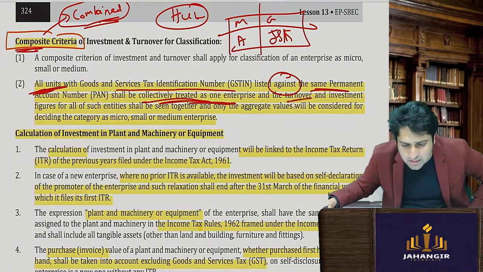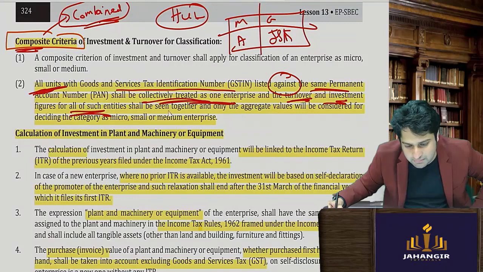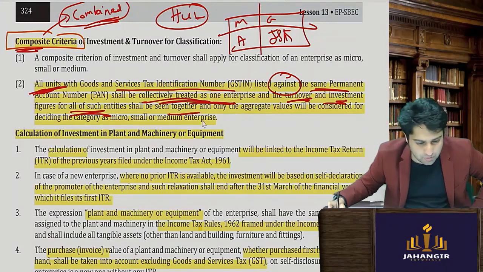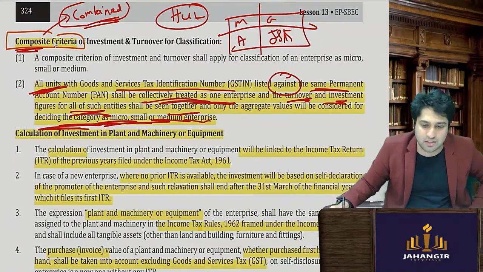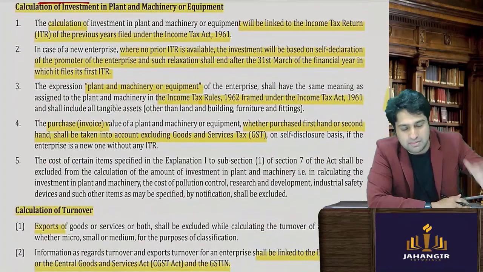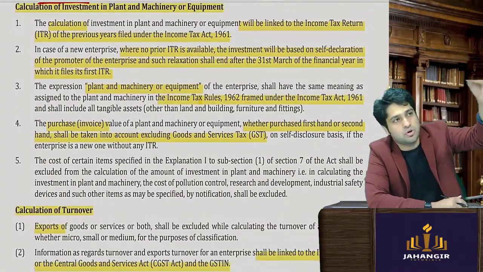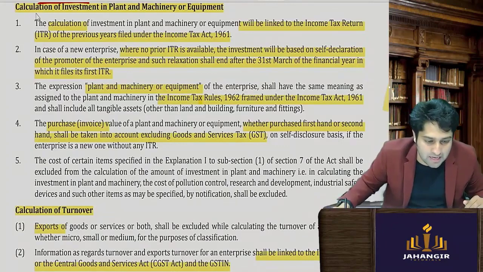Club the turnover and the total limits for such an entity, and they shall be seen together. And then we will decide the criteria of micro, small and medium enterprise. Clear till here? Composite, cool. So remember MSME, we will write a point called composite and then we will say that it is to be clubbed.